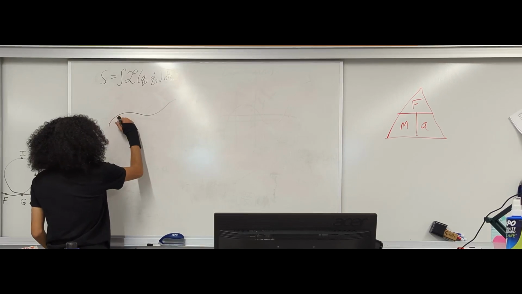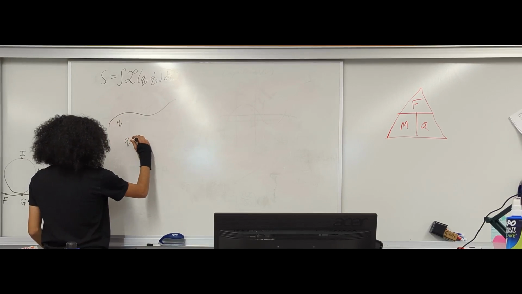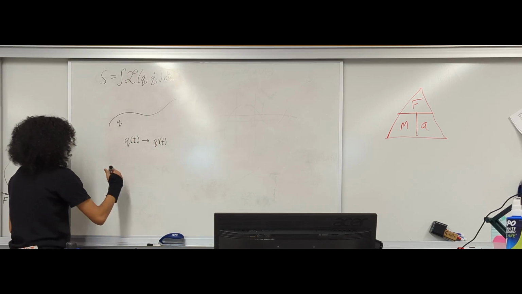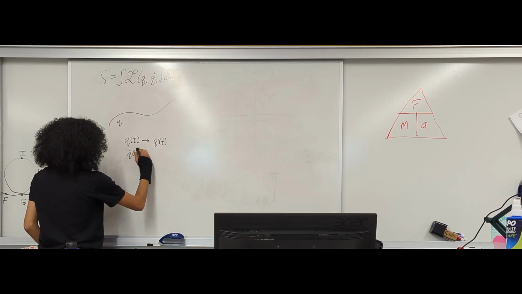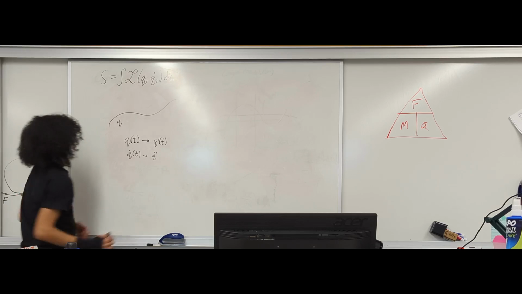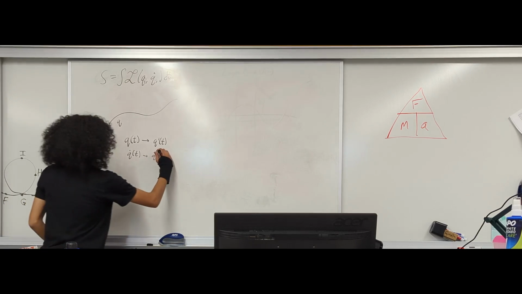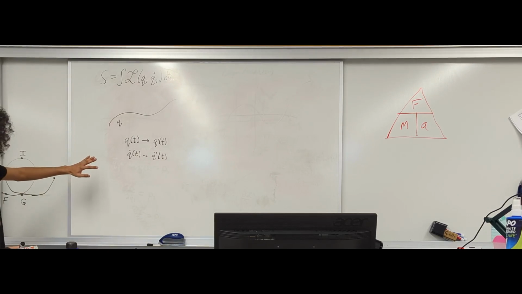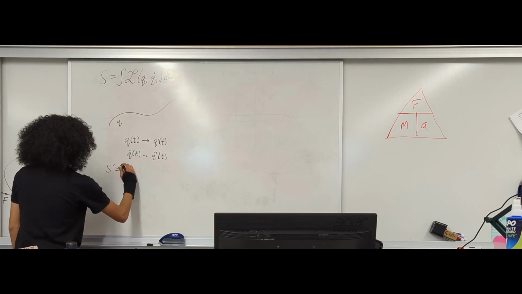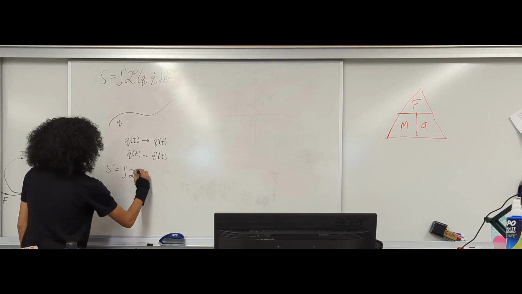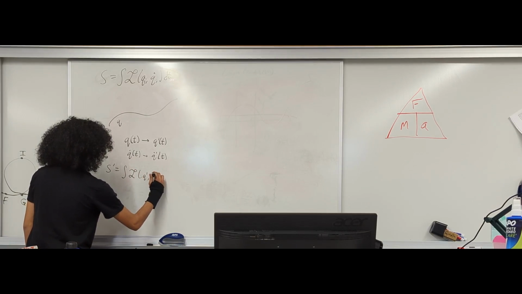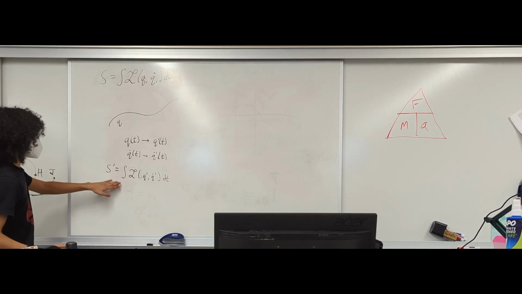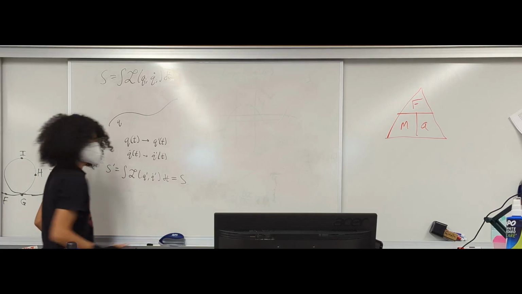So if this is q, and we make some transformation that goes from q of t to q prime of t, and then q dot to q dot prime, which usually will just be the time derivative of this, then we would get a new action, potentially. But we want transformations such that this is actually the same as the original action.